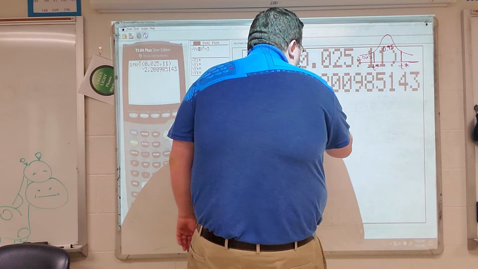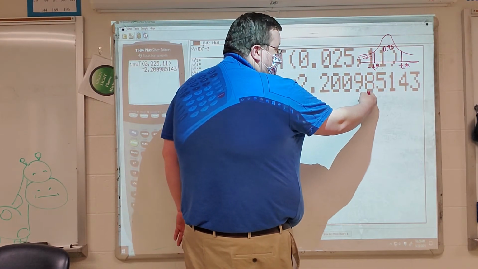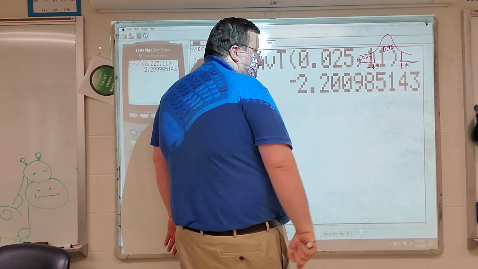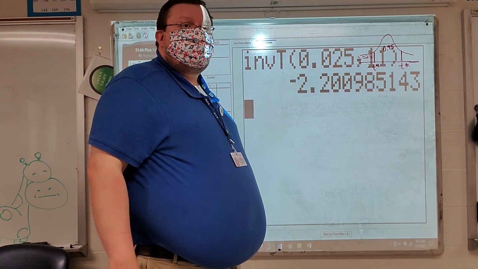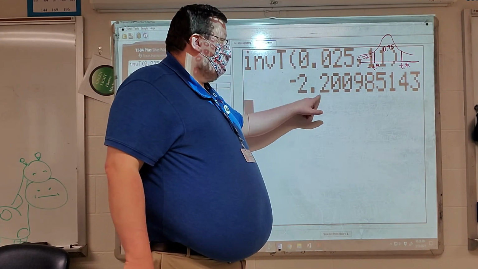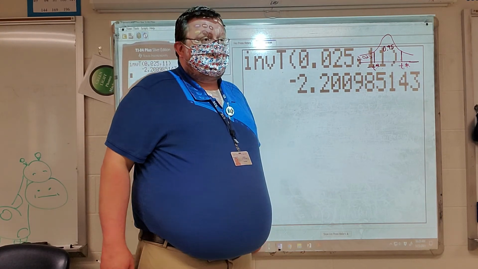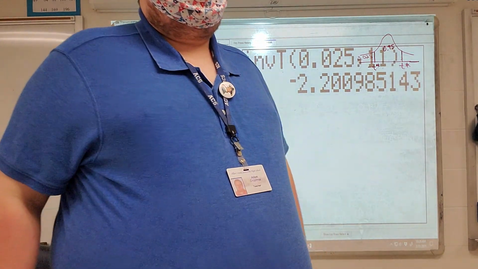You could put 2.201, because you round to 4, this 8 rounds that 9 up, which would make that 1. So if you wanted to put 2.201, that'll just make your interval more accurate if you do 4 decimal places.